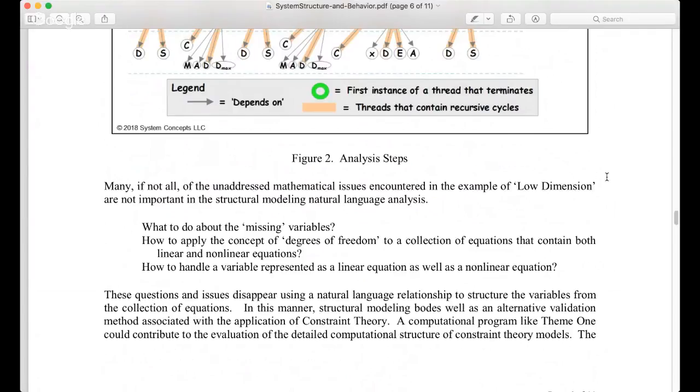So what to do about the missing variables? Well, there are no missing variables because you account for each one of them in this case. How to apply the concepts of the degrees of freedom, because you have linear and nonlinear equations that both point to the same variable? Well, that basically doesn't matter in this case.